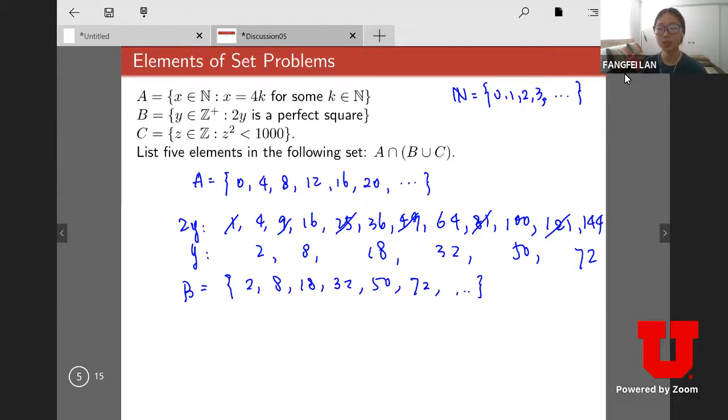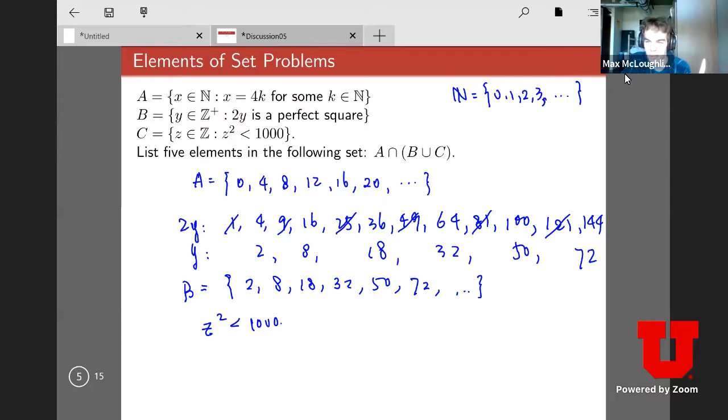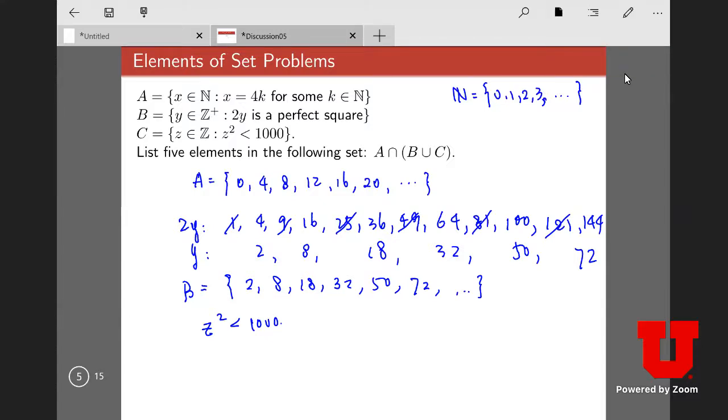Right? So now what about C? We have z squared is less than 1,000. So what can z be? Any number from 0 to 99? But 99 squared would be plenty larger than 1,000.